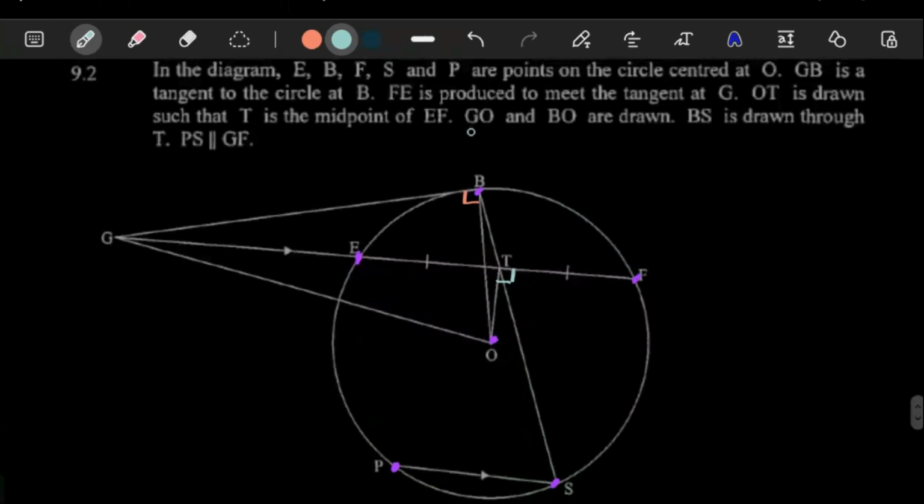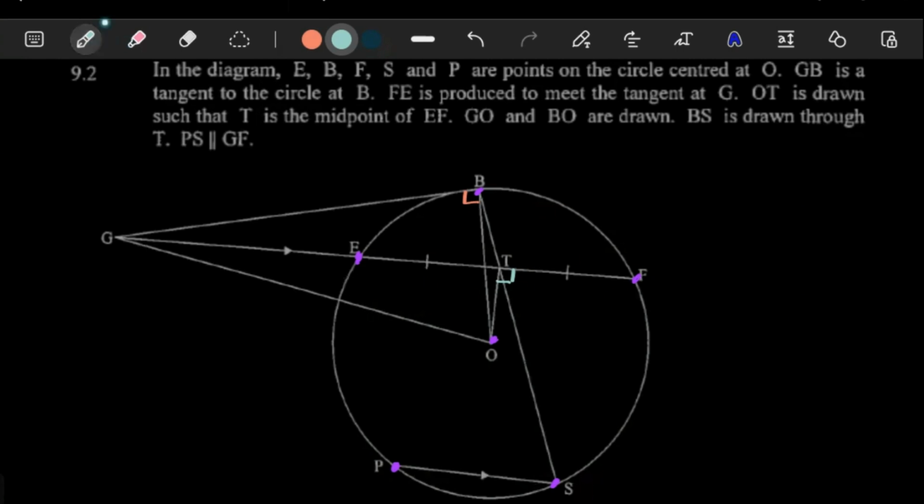And then it says GO and BO are drawn. BS is drawn through T. And then they said here PS is parallel to GF.